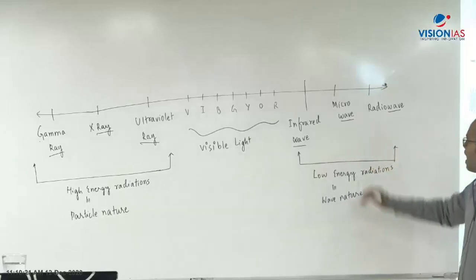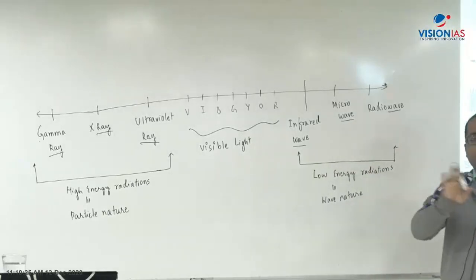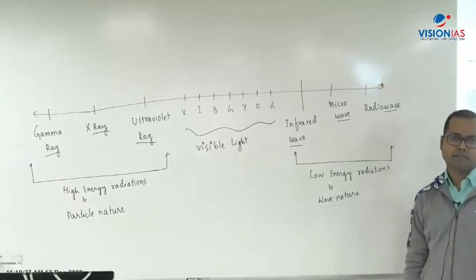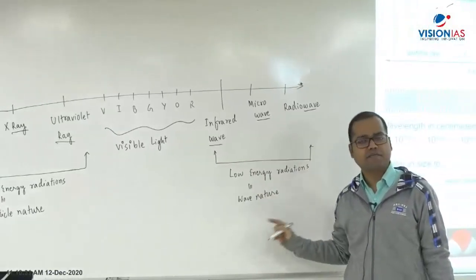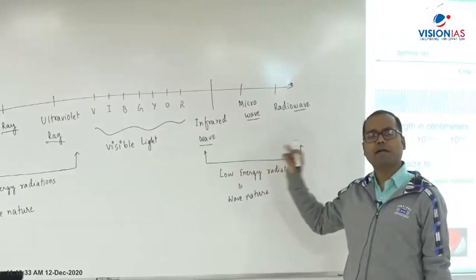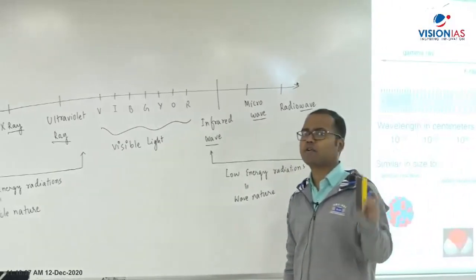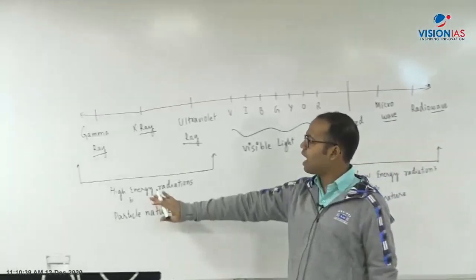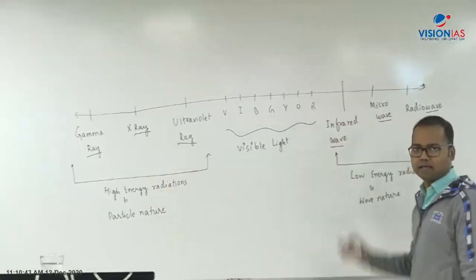But higher intensity of infrared, microwave and radio wave will not be able to serve the purpose. That is why these have low energy, and that is why these have wave nature. These won't be able to eject electrons out of the metal surface. If you want electrons to come out of the metal surface, definitely high energy radiations like gamma, X or ultraviolet can do the purpose. These cannot.